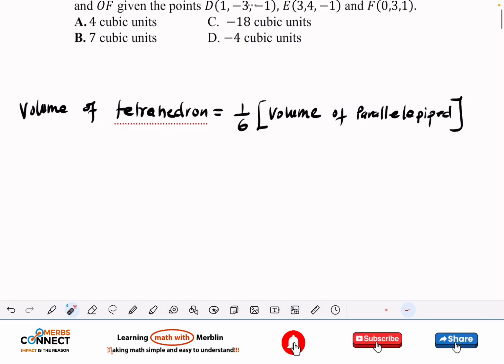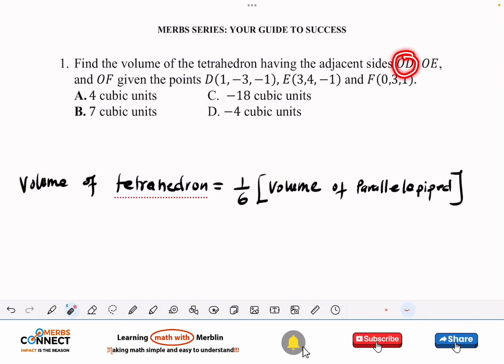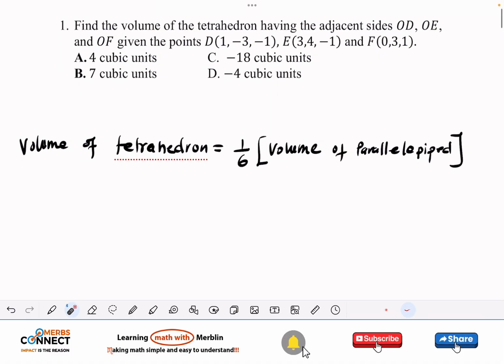Now, what is the formula for finding this? They've given us OD, OE, and then OF. And we know that the volume of a parallelepiped is basically the scalar triple product. So this is going to be equal to 1/6 of OD dot OE cross OF.